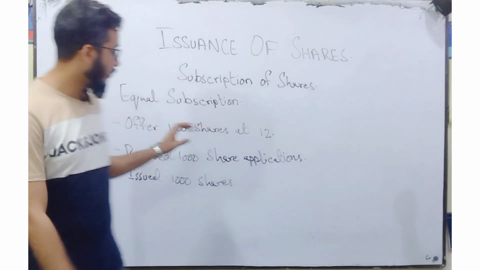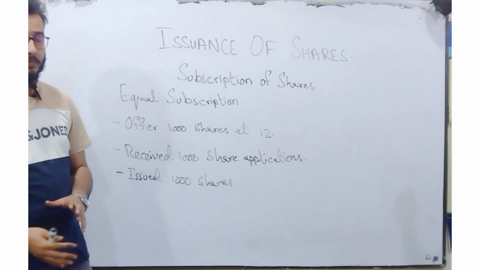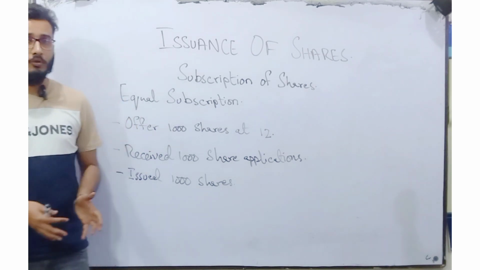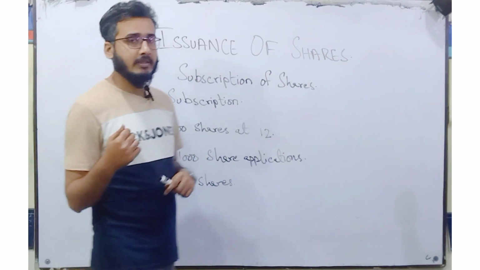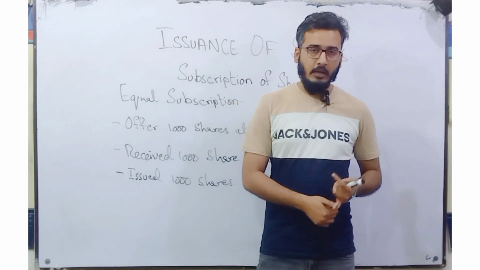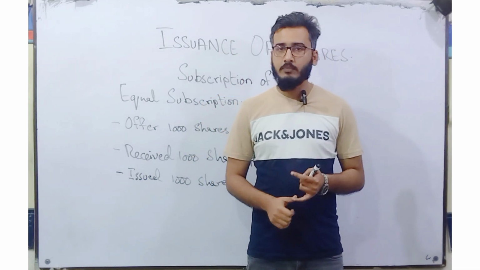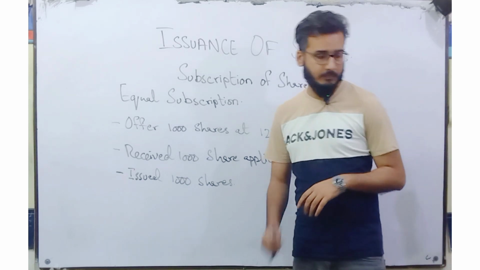The company offered 1,000 shares and received the same number of applications, so it is equal subscription. Now, what to do with the equal subscription? We have learned before that the company has neither returned the applications nor has the bank underwritten it. So, how to pass the entries? Let's look into it.